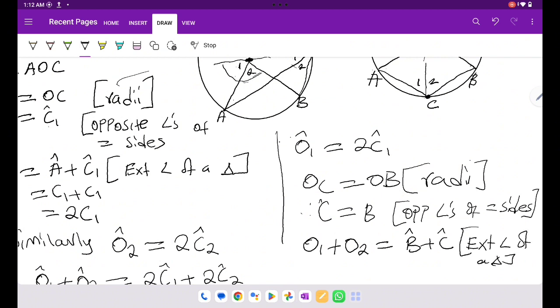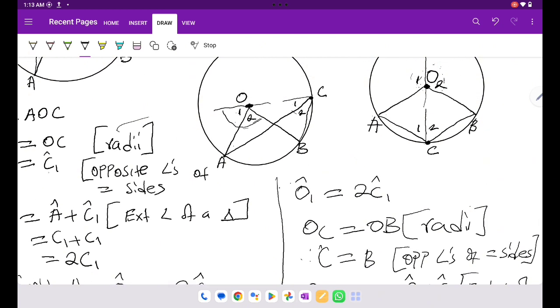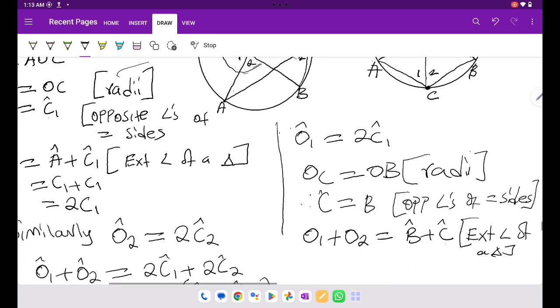But then we just said angle B and angle C are equal. So we can replace the B with another C. So instead of B, we put another C.